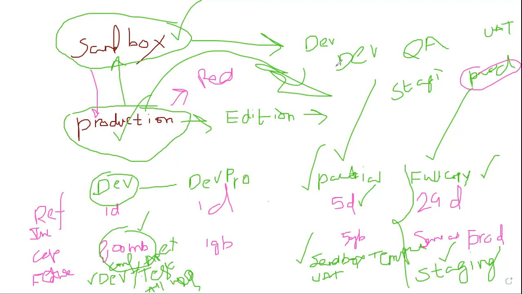First we'll implement basic functionality in the dev environment, and from there we need to move it to QA. Once it is tested and approved in QA, we need to move it to user acceptance testing. Once the user acceptance testing is done and everything is working as expected, we need to move that functionality to staging. Next we need to move it to production.